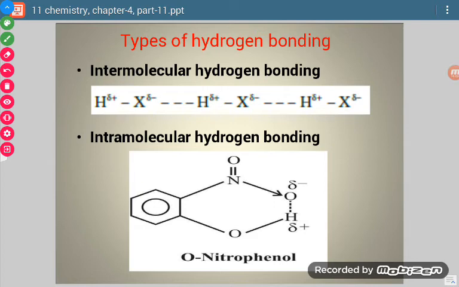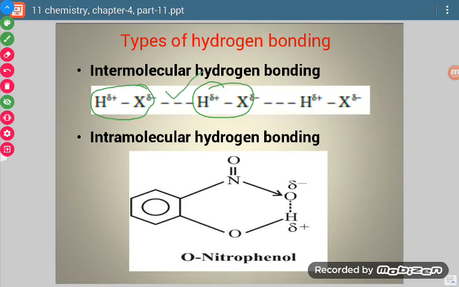Okay, now let us discuss how many types of hydrogen bonding there are. So hydrogen bonding is of two types. One is intermolecular hydrogen bonding and another is intramolecular hydrogen bonding. Intermolecular means when two different molecules form a hydrogen bond, just like these two different molecules are there and there is formation of hydrogen bond. So it is intermolecular.